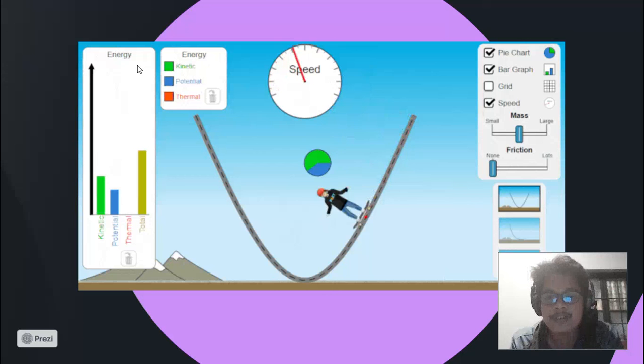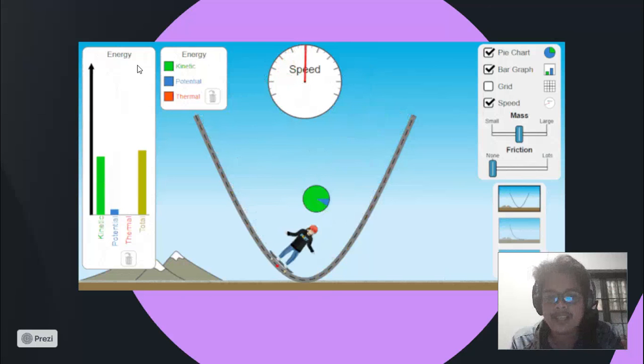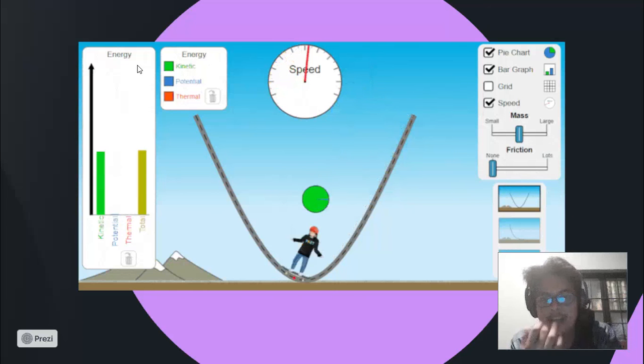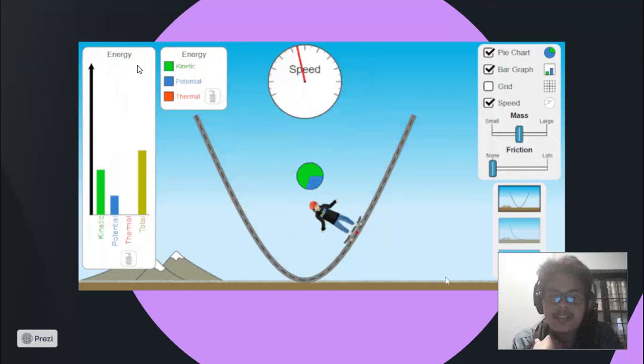Observe clearly the four variables, and take note in your virtual lab of what you observed. Again, the four variables are the height, and also the speed. You can notice whether the speed increases or decreases, and at which point.